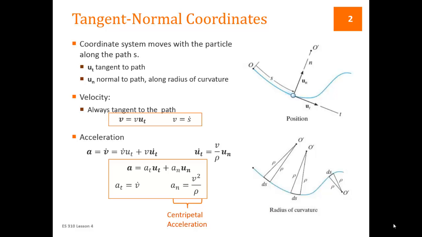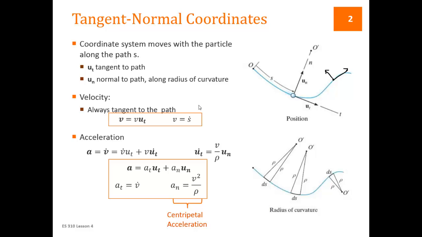This means that if we pick a coordinate system that is tangential and normal, still perpendicular to each other, in this case we've got ut, which is tangential to whatever the curve is at any point. So if it were up here, we'd have ut in that direction and un in that direction.